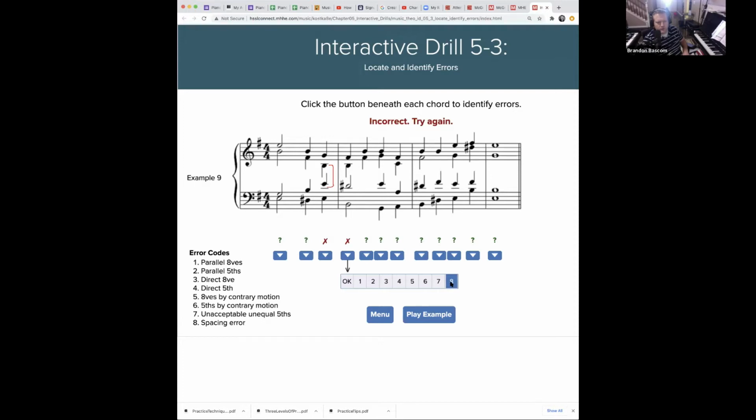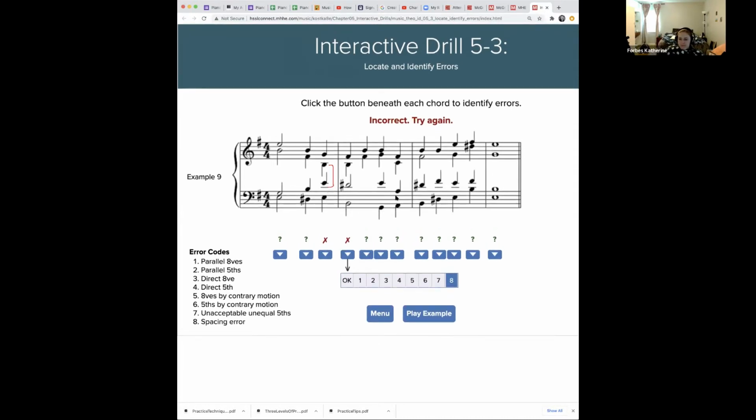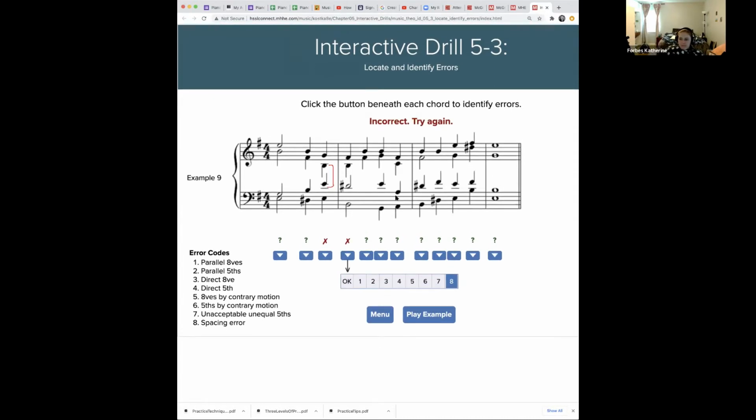Can you play the example? Sure. Here we go. I mean, you could press the button. Oh, could yeah. Be extra that way too. Can you hear it? One more time.